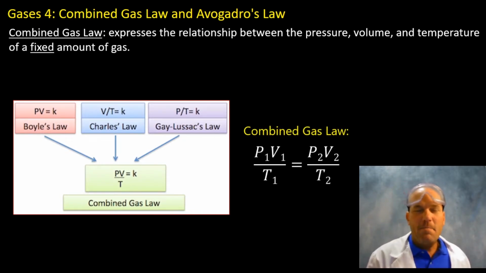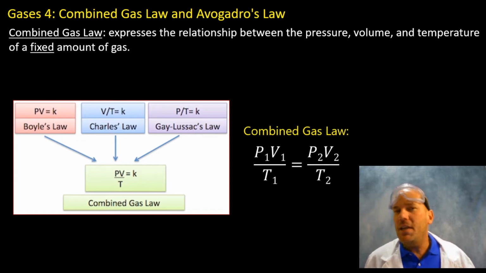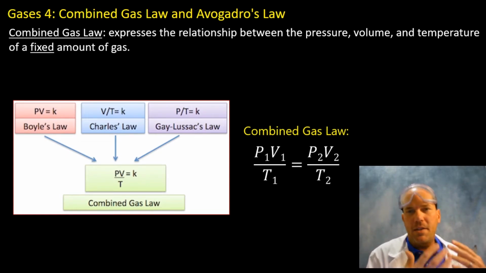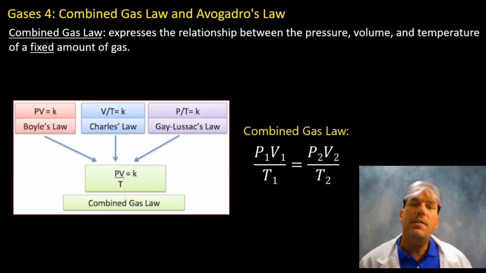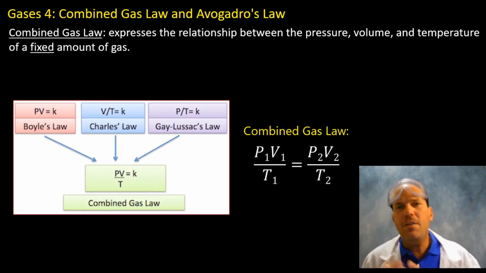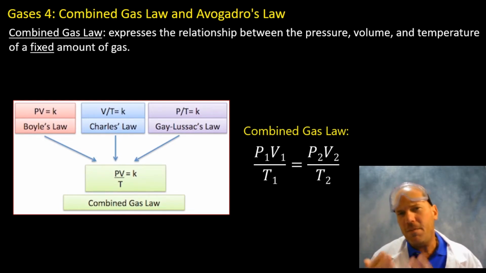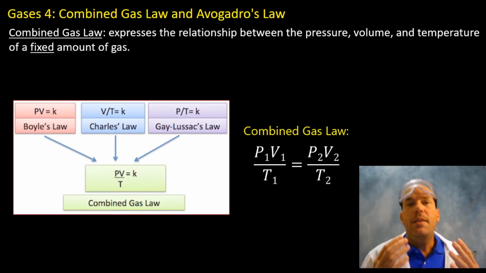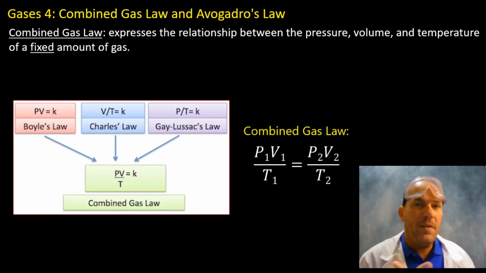Mathematically, the combined gas law can be stated as the initial pressure and volume divided by the initial temperature is equal to the final pressure and final volume divided by the final temperature after some change. Again, this is for a fixed amount of gas.